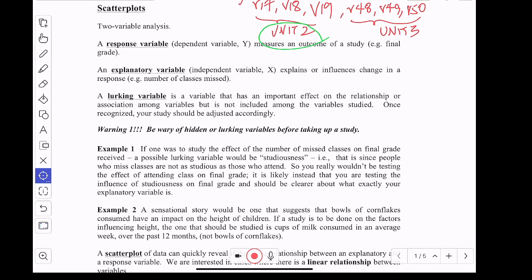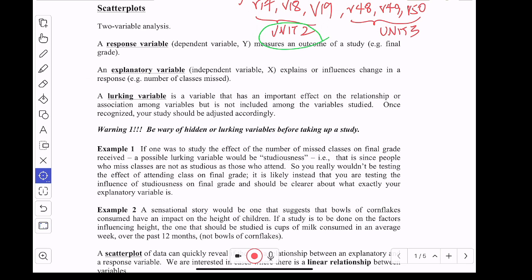The two variables often are distinguished between response and explanatory variable. What we're trying to say there is that the independent or explanatory variable influences the response.